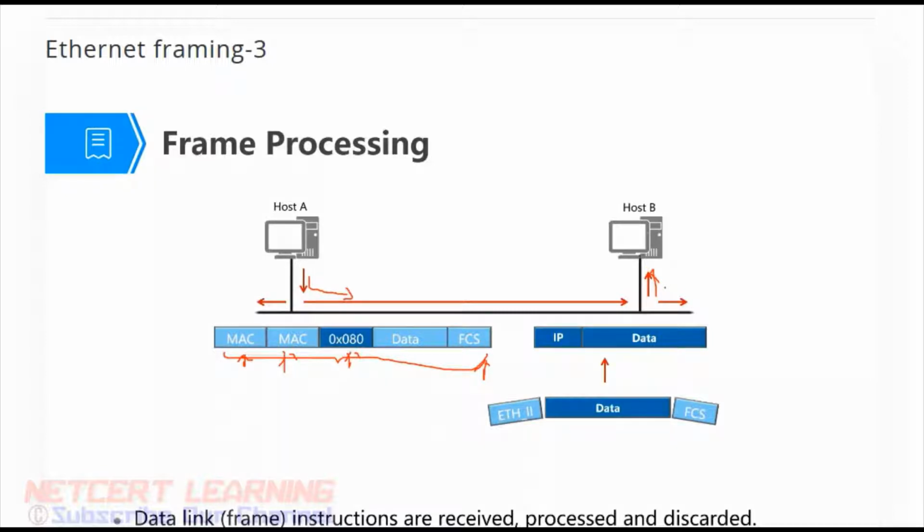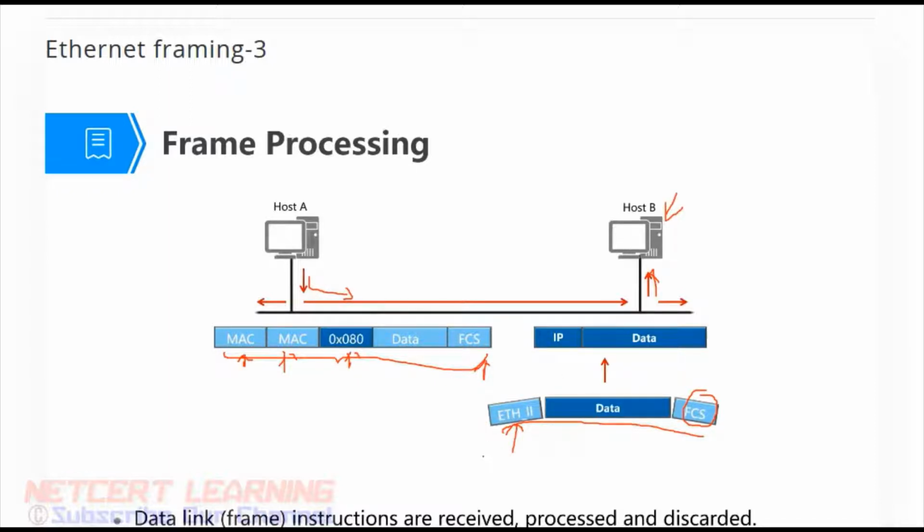When the device first receives it, it uses the FCS, the frame checksum, to detect whether the signals have been destroyed or are incorrect in transit from source to destination. If it's okay, it then decides whether the destination of this Ethernet frame is itself.